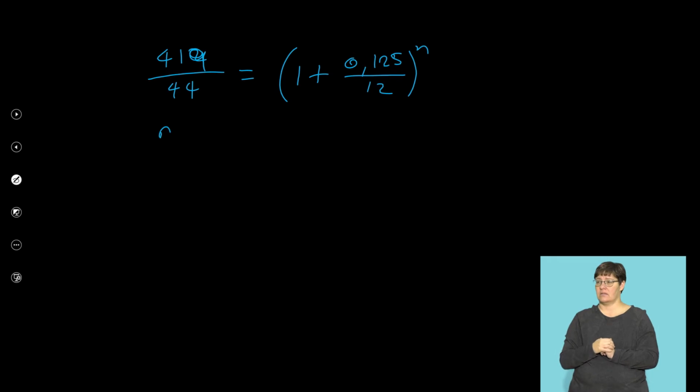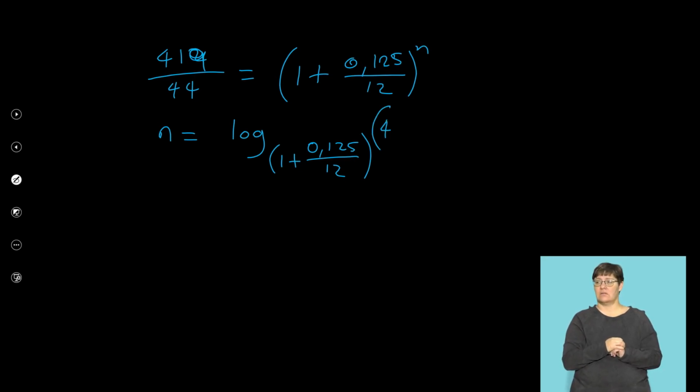If I introduce a log, n will be equal to log. My base here will be the 1 plus 0.125, divided by the 12, and because that is the base, this will be all to the number of 419 over 44. So that's how you introduce the log.